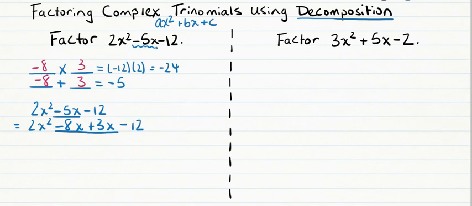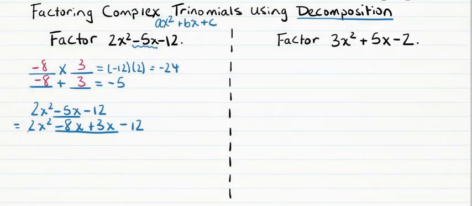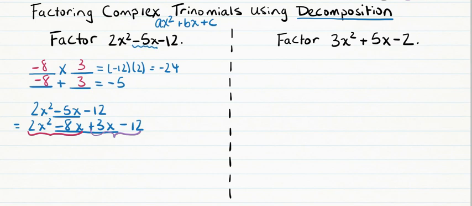Okay. The next thing we're going to do is common factor, but we're going to common factor in pairs. So we're going to look for a common factor from the first two terms, and then a common factor from the last two terms. The common factor from the first two terms is 2x, and that leaves us with x minus 4.